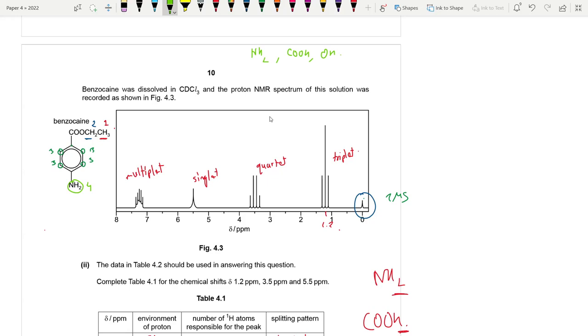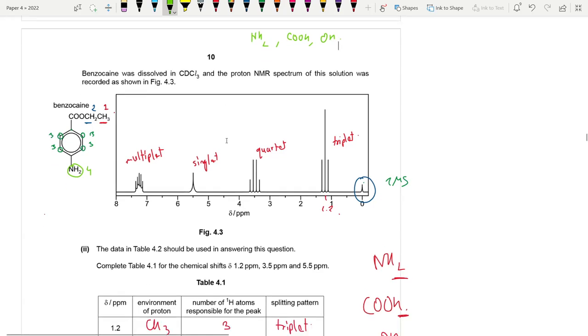Since the proton becomes de-shielded, the chemical shift is much higher comparatively. If you're ever connected to NH2 or OH or COOH in general, you're going to have a very high chemical shift.